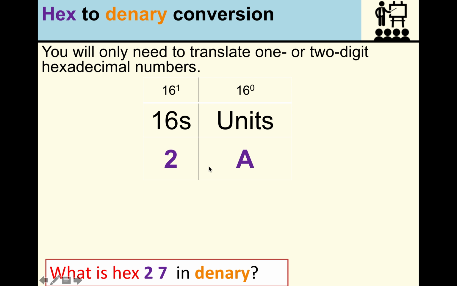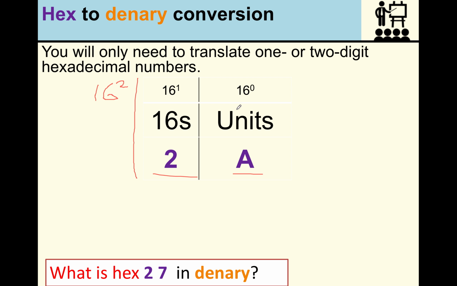So, hex to denary conversion. You'll only need to translate 1 or 2-digit hexadecimal numbers. That means 2A hex, that's a 2-digit hexadecimal number. That's 1 digit, that's 2 digits, okay? If we had to do 3 digits, which we don't, that would be 16 to the power 2.